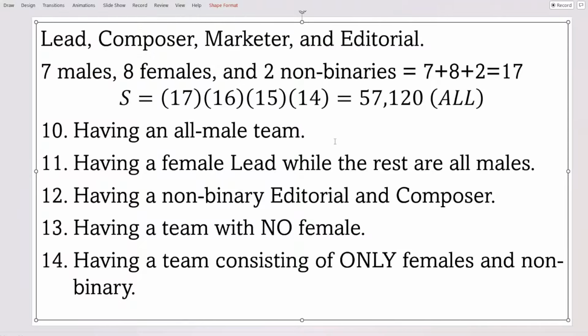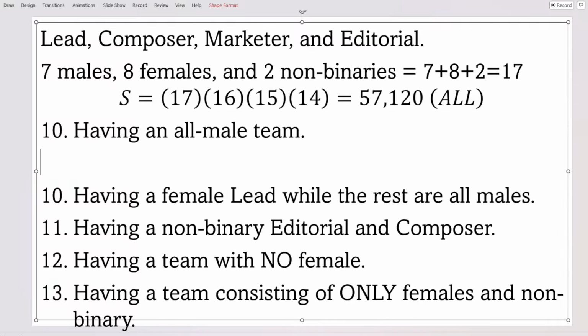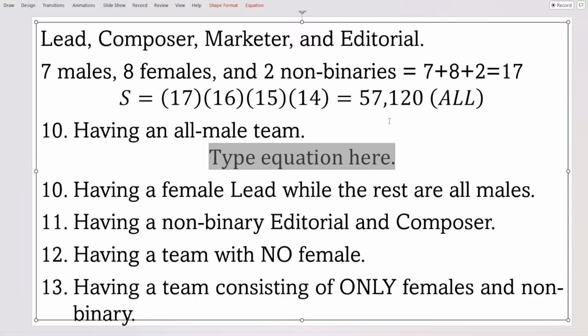Let's start with item number 10, having an all-male team. So since they are all male, okay, again, we're still looking for 4. Okay, we're still making a team of 4. So how many males do we have here? We have 7 males. Okay, there are 4 slots, all of the males. So on the lead, I can have 7 choices. For the composer, 6. For the marketer, 5. For the editorial, 4.